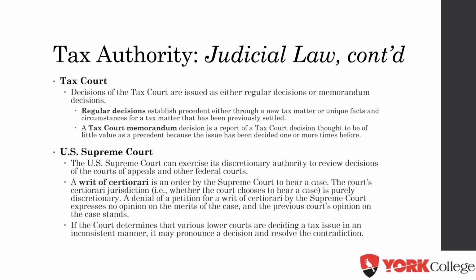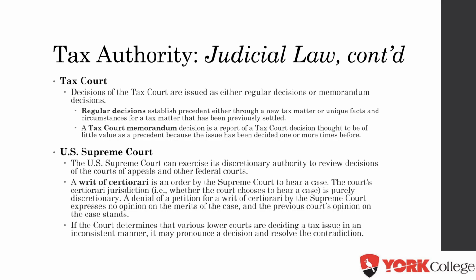Continuing on, within the judicial branch and pertaining to federal tax authority, there is the tax court, which you saw in the previous chart. The tax court can issue either regular decisions or what we call memorandum decisions. Regular decisions function like decisions in other courts in other statutory areas.